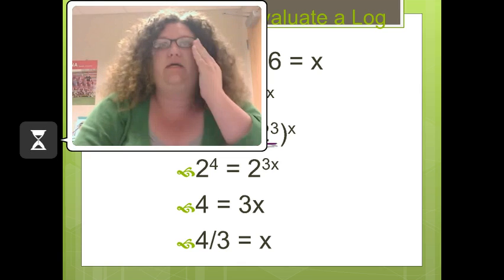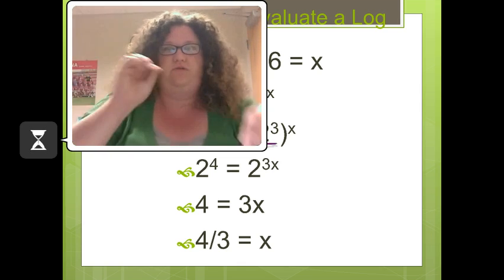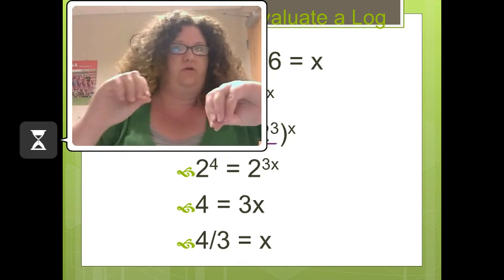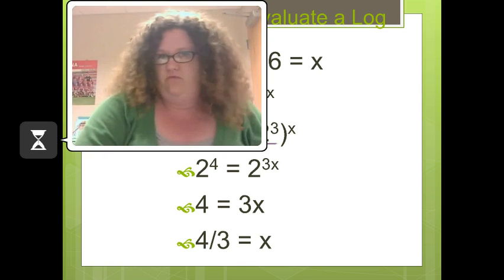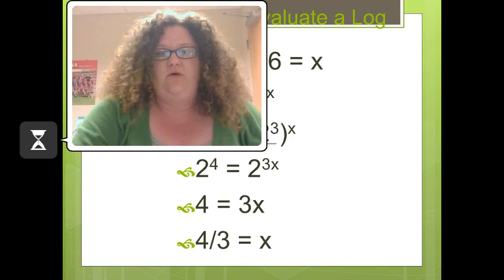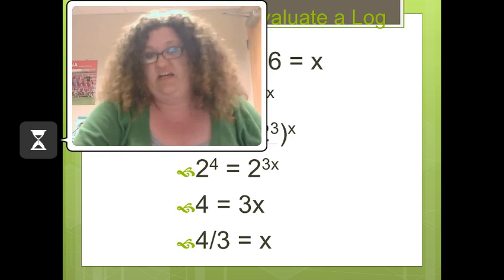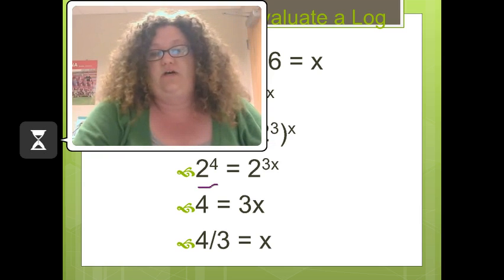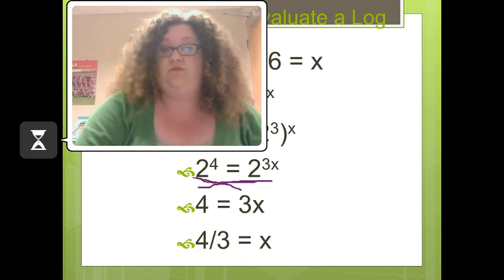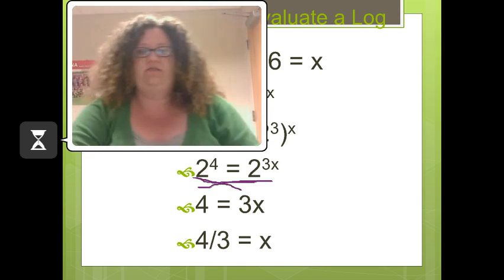It's important to break it down so that the bases of those two exponents have the same base. We'll deal with the exponents in a minute. So 8 is 2 to the 3rd power, to the x power. When you rewrite it without the parentheses, you've got 2 to the 4th equals 2 to the 3x power.